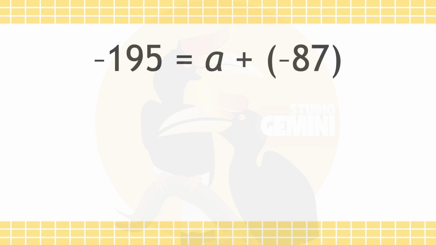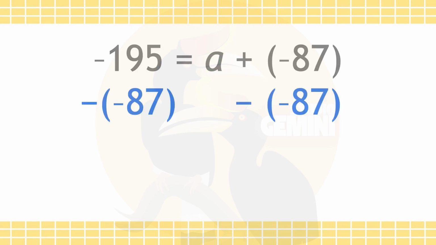Negative 195 equals a plus negative 87. To isolate the variable, we need to subtract negative 87 from both sides since negative 87 is being added to a. The negative 87s on the right side of the equation cancel each other out, since adding negative 87 and subtracting negative 87 are inverse operations.